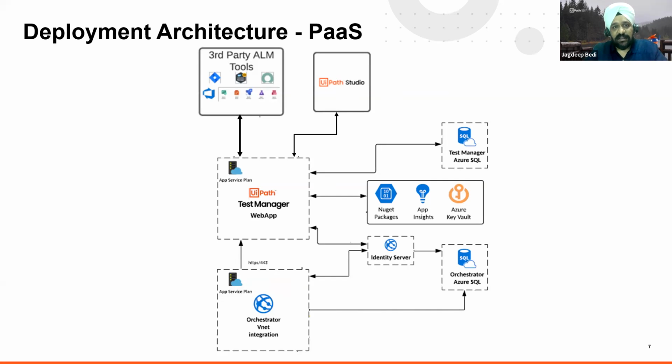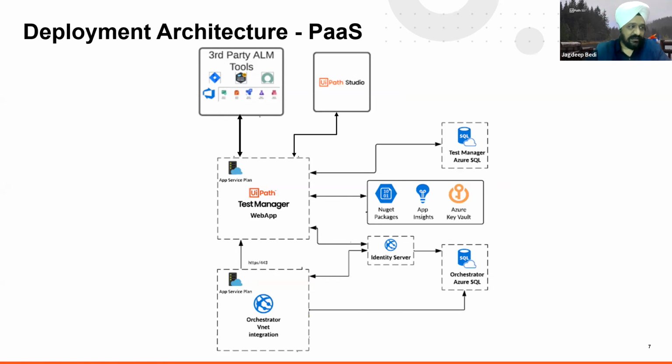The test manager app requires the identity to register itself for the login part. It requires NuGet packages to store the packages that we are publishing to the test manager. It requires App Insights and Azure Key Vault as well. So this is the overall architecture in which Studio is linked with the test manager.